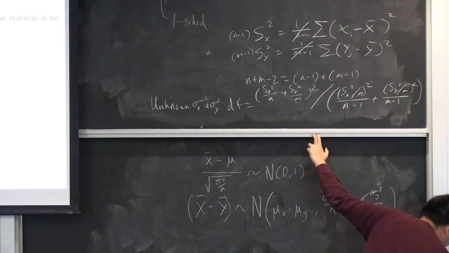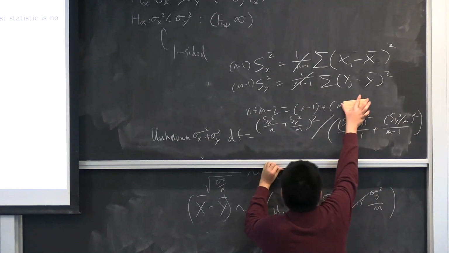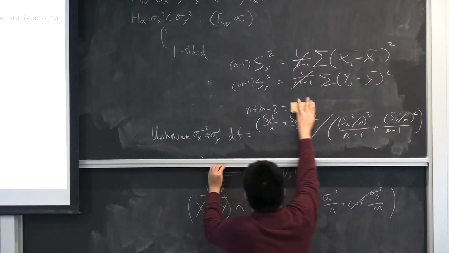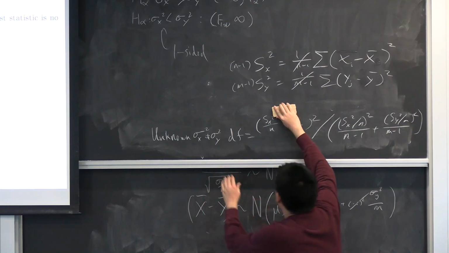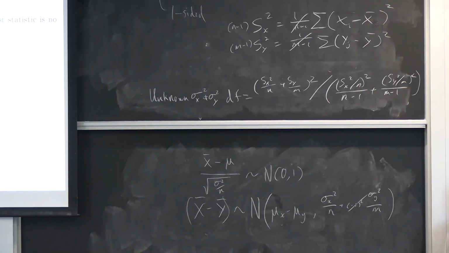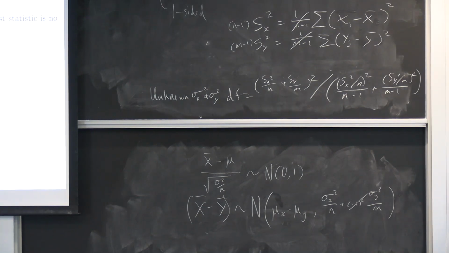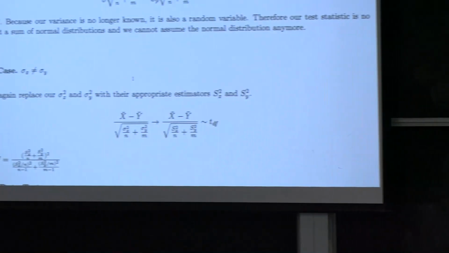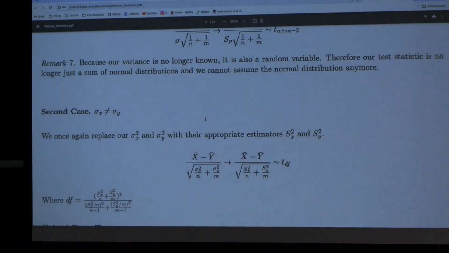I'll erase the thing right above it so it's not that confusing. There we go. The proof for this is very long, very arduous, and very pointless. But we run with this standard deviation and these degrees of freedom. It's worth noting that when you calculate this, you might get a decimal value.